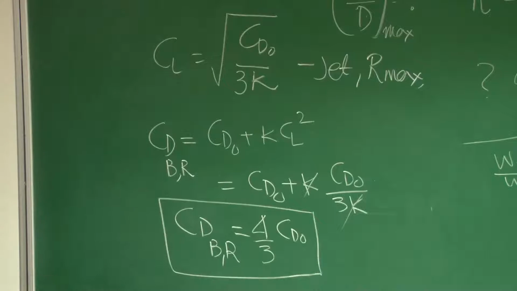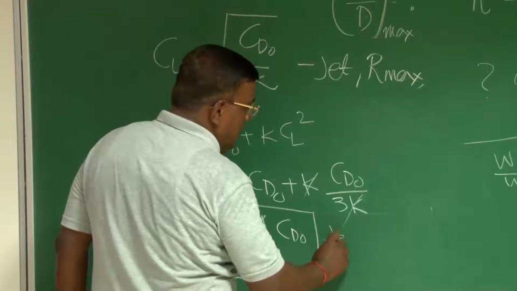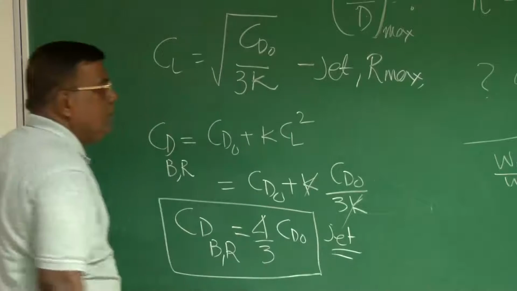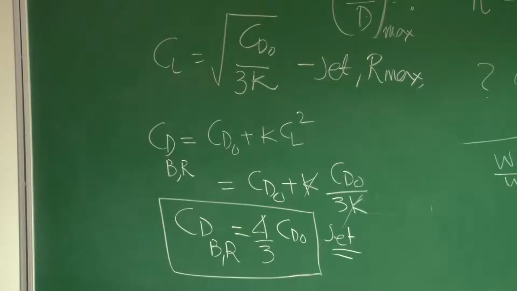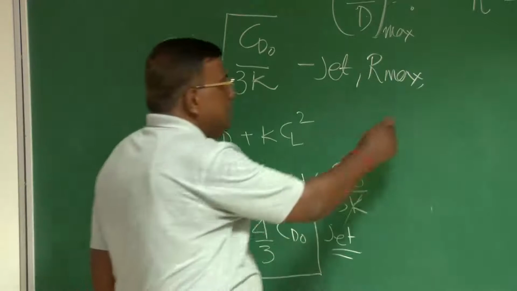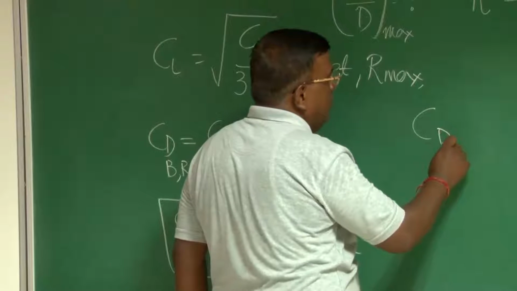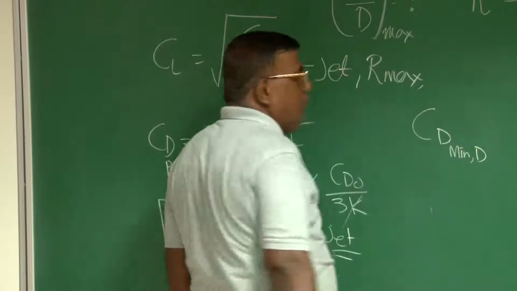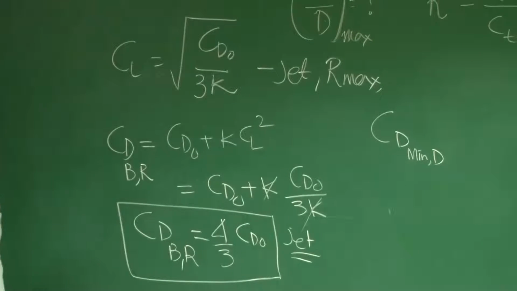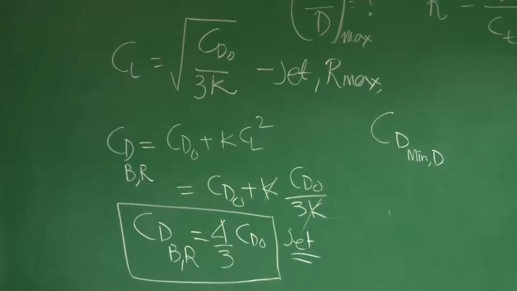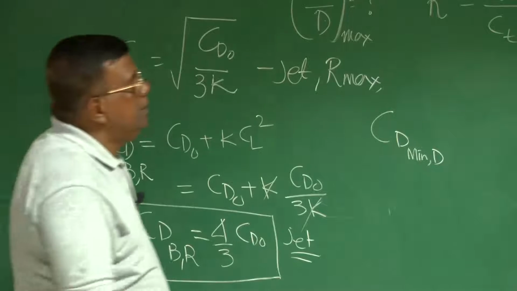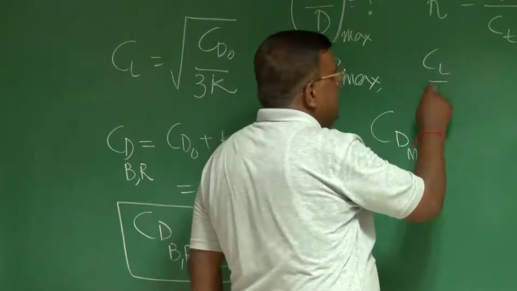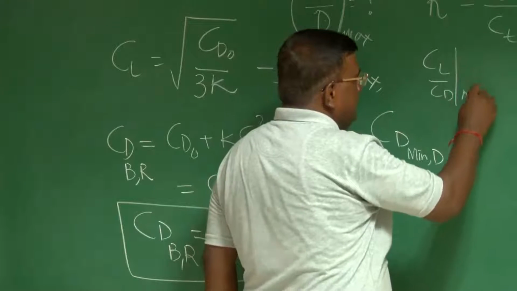This is for jet-driven airplane. This is important. But we also know CD for minimum drag. What was the condition for minimum drag? It was CL by CD should be maximum, right?